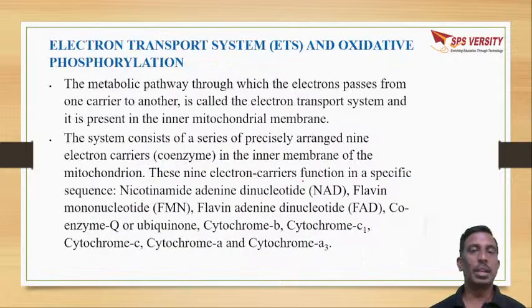After the Krebs cycle in aerobic respiration, the next step is the electron transport system, which occurs in the inner mitochondrial membrane. The name itself says there is a transport of electrons. So what actually happens in the electron transport system?